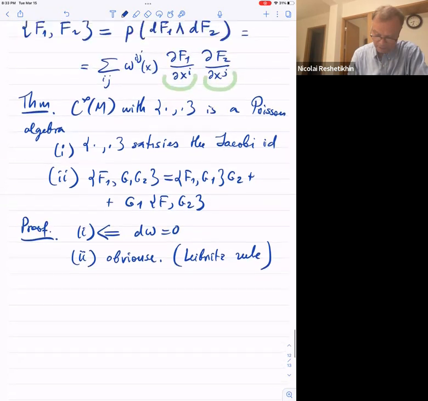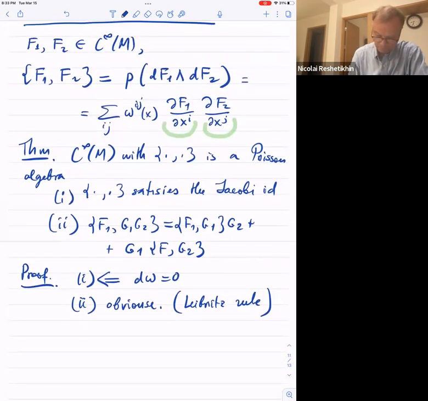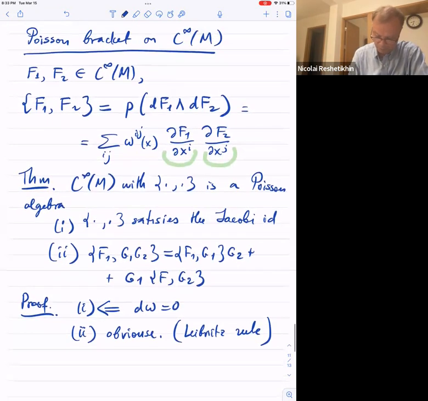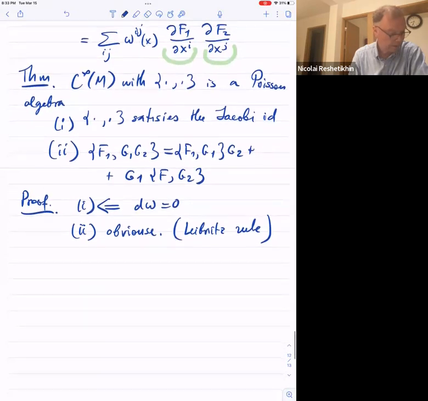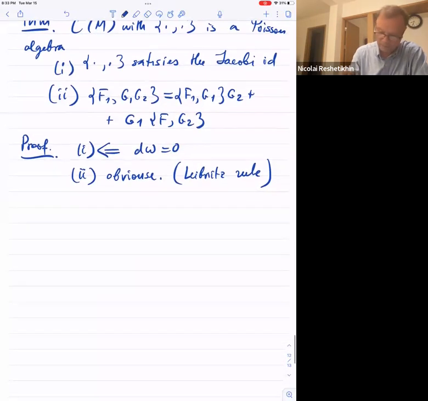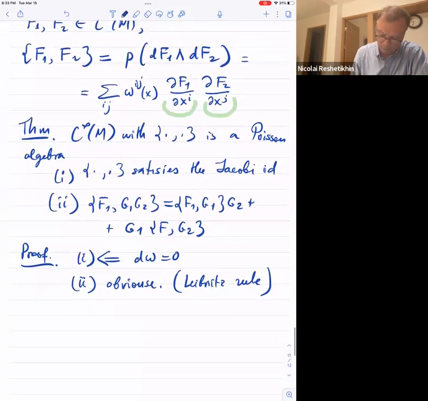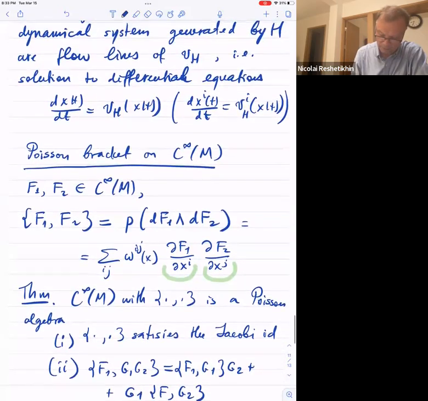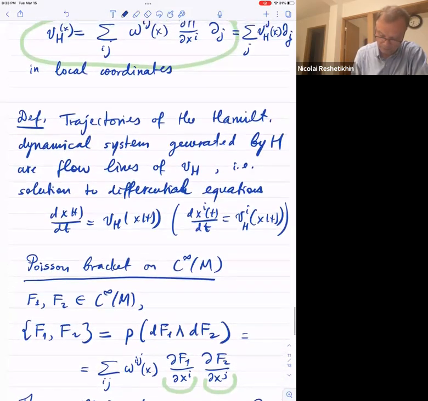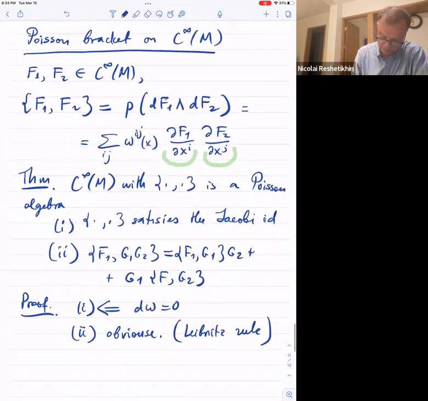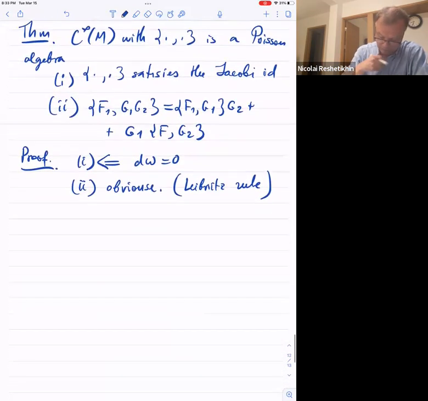Okay, so that's the Poisson bracket. And what else didn't I say? Ah, yes. Classical observables.